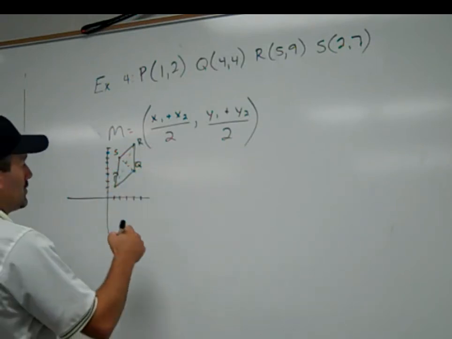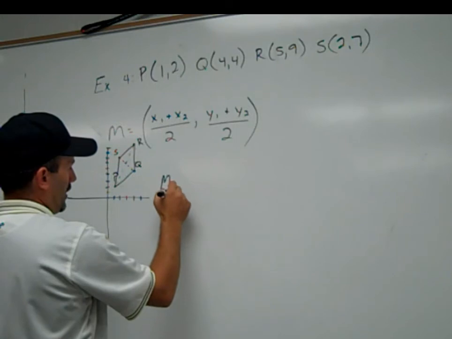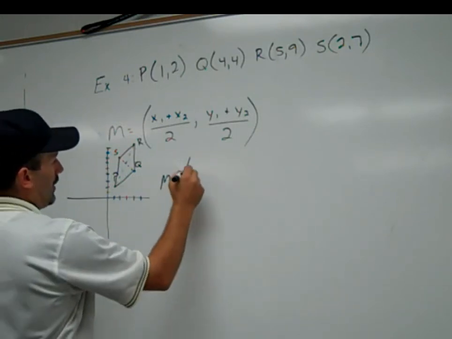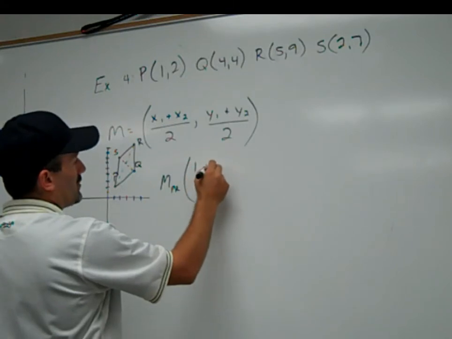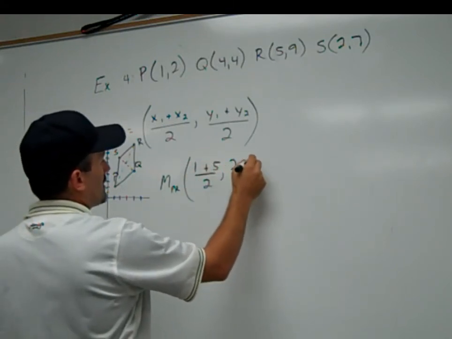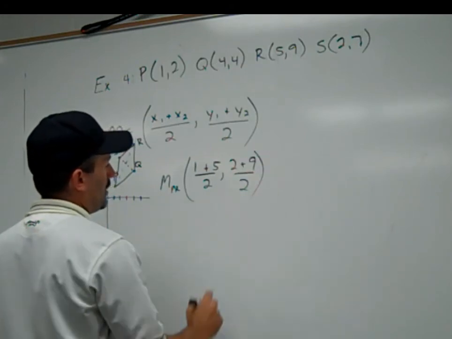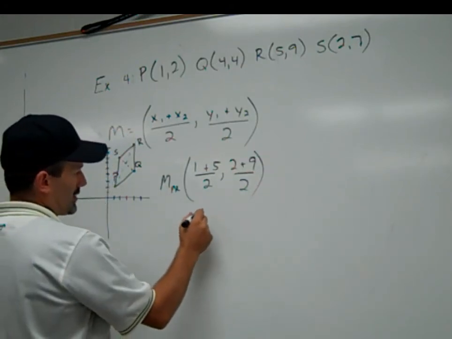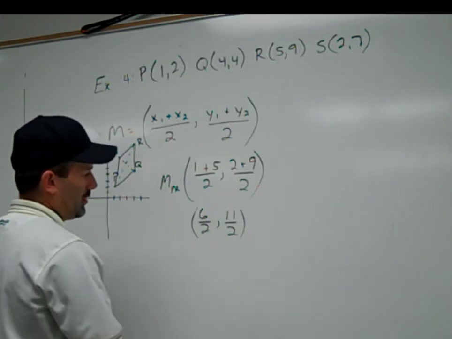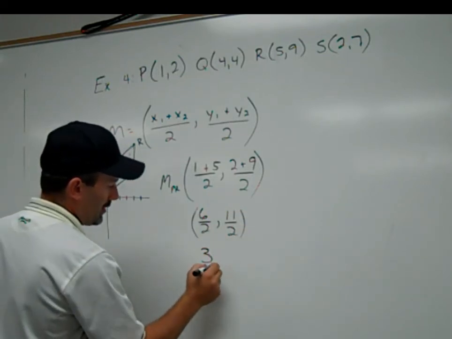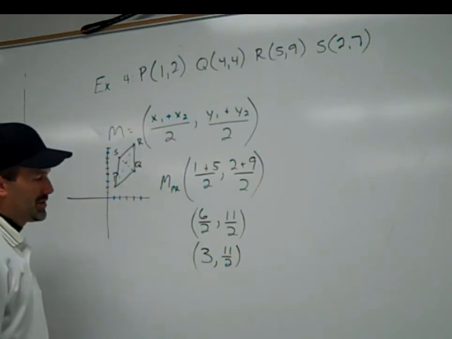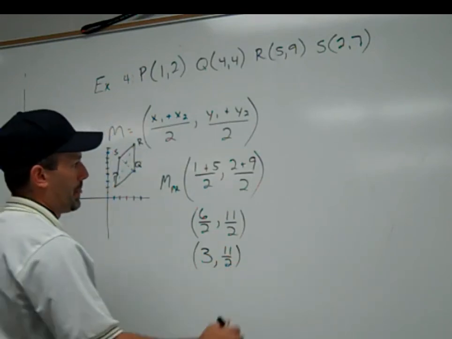So first of all, using P and R, the midpoint for PR is going to be 1 plus 5 over 2, comma, 2 plus 9 over 2. As we simplify that, we get 6 over 2, and we get 11 over 2. That gives us 3 and 11 halves, which would be the same as 3 and 5 1/2.